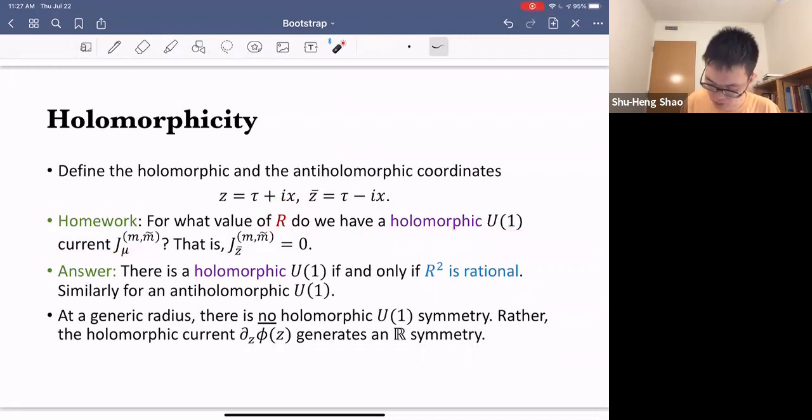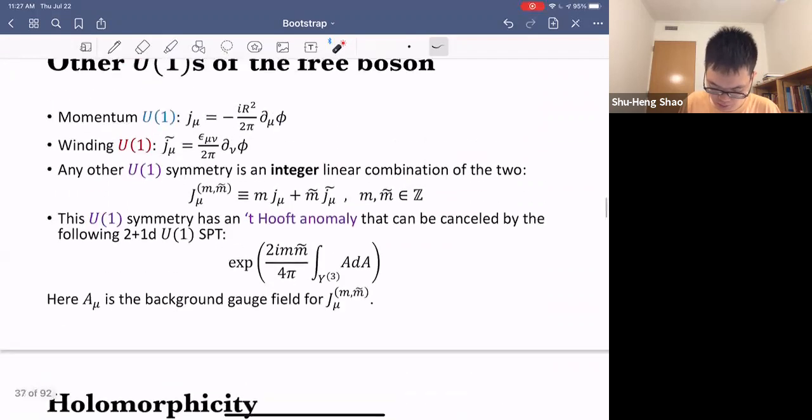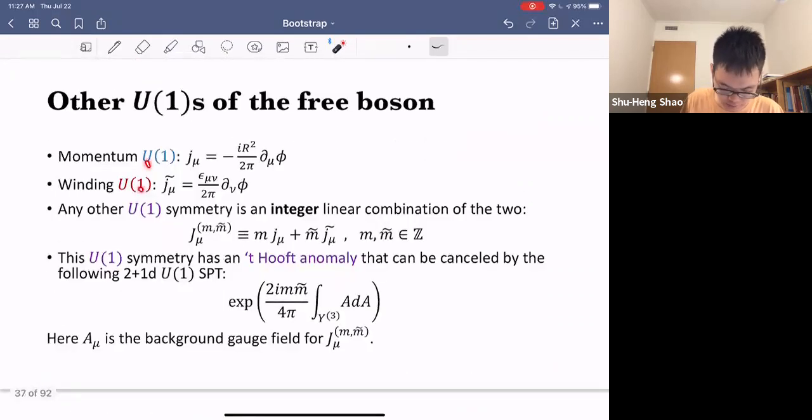What do I mean by holomorphic U1? I mean the following. You take the momentum U1 and the winding U1, you pick two integers n and m tilde, and you consider this linear combination. That's the most general U1 you can consider in the free boson CFT. And you get a current. It has a vector index.